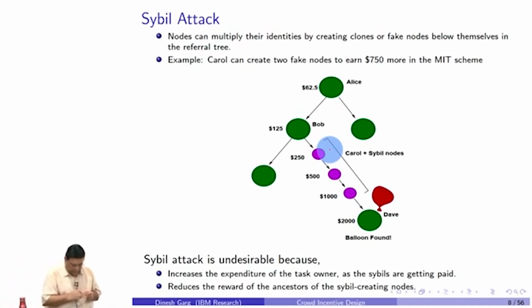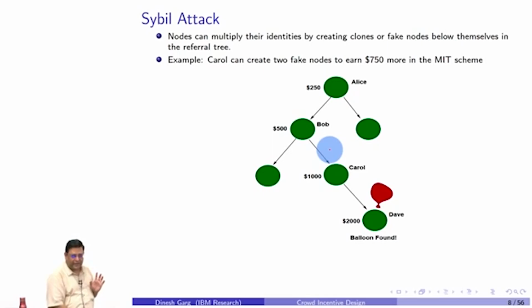Okay. So let me just show the previous picture, so this was the original diagram where Alice, Bob, Carol and Dave, right? And this was the reward scheme as per MIT's geometric reward scheme. Now here what happened, we added two fake nodes beneath Carol, okay?